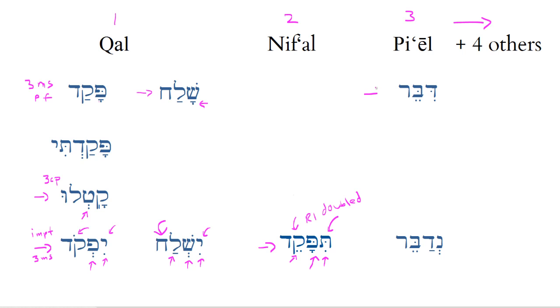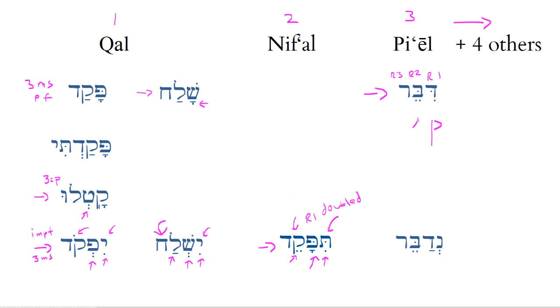Okay, let's come up here and look at a piel perfect. We've seen this already, but we never identified it as a piel. We see that there is no prefix. Our root letters are all we see, R1, R2, R3. R1 vowel is hiriq. R1 is not doubled here. This is a dagesh lene. So there's no doubling here. This is just the beginning of a word, and it's a begadkefat letter.